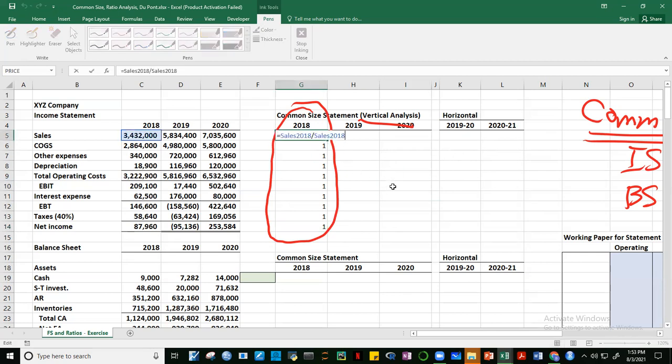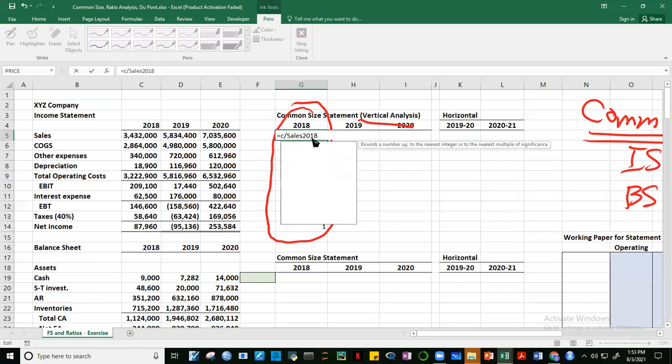So paano natin i-adjust to? Tama yung denominator. Ayan. Thank you, Ron. Replace first sales 20. Ano to? Denominator or numerator? Ron. Numerator. Yan. Tama, no? Now, wag natin gagamitin sales 2018 kasi naka-fix yan eh. Rather, we can just type C5. Ito yung sinasuggest ni Ron. Yan. Thank you, Ron. So, sabi ni Ron, gawin natin C5 divided by sales 2018.